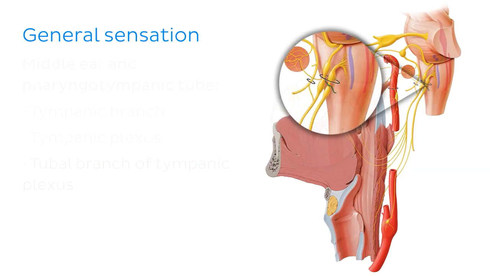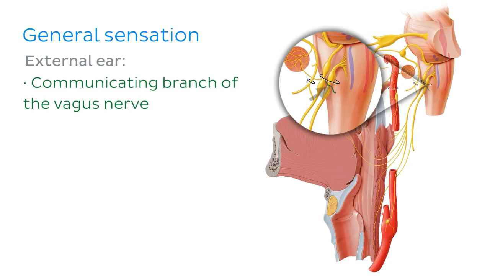The final area of general sensation received by the glossopharyngeal nerve arises from the external ear and is known as the communicating branch of the vagus nerve. Now this little guy piggybacks on the auricular branch of the vagus nerve, as you can see in this illustration.